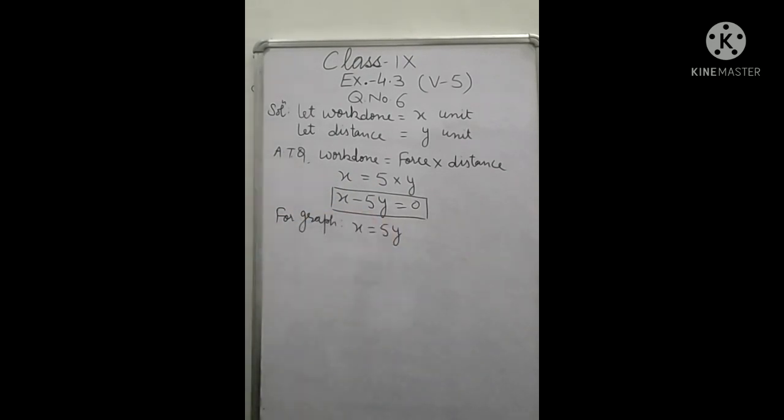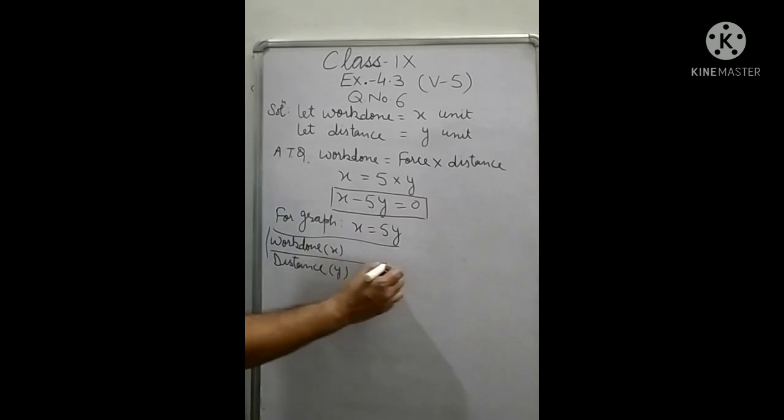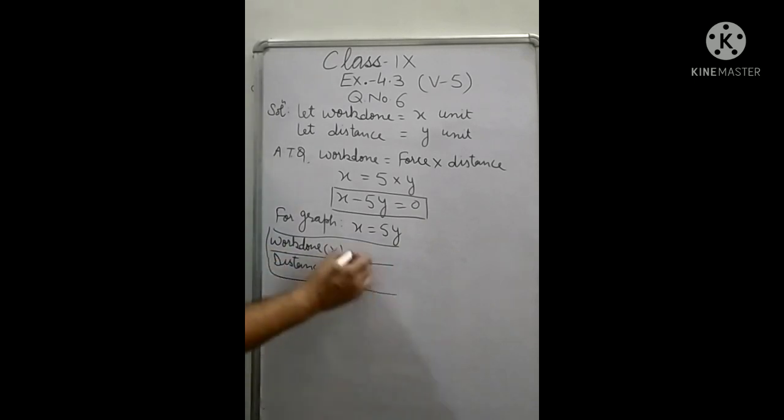Now in this equation we will put the value of y and get the corresponding values of x. So you write here first work done, that is represented along the x-axis, and here distance, that is shown along the y-axis. Here you have to take 3 points.